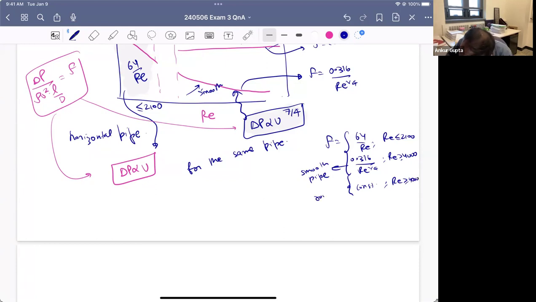And this friction factor by definition is pressure drop across this horizontal pipe over rho u square by 2 into L by D.